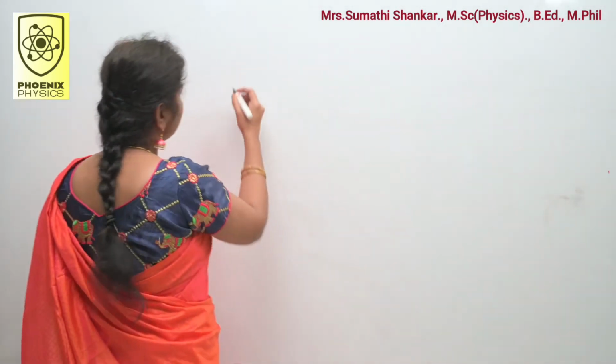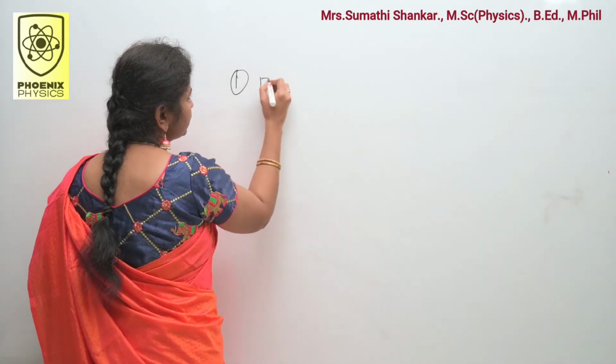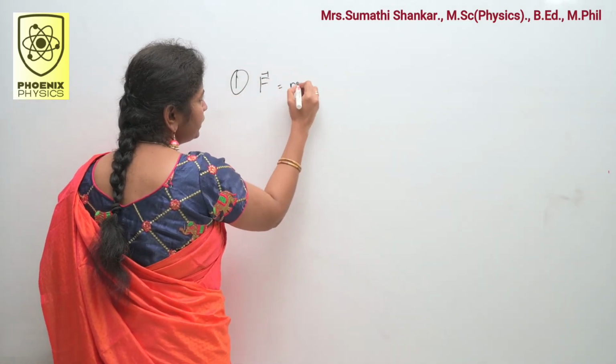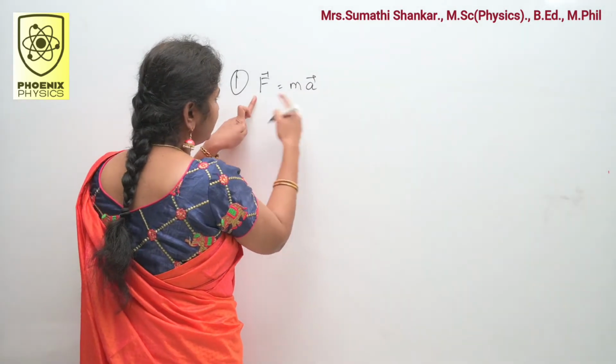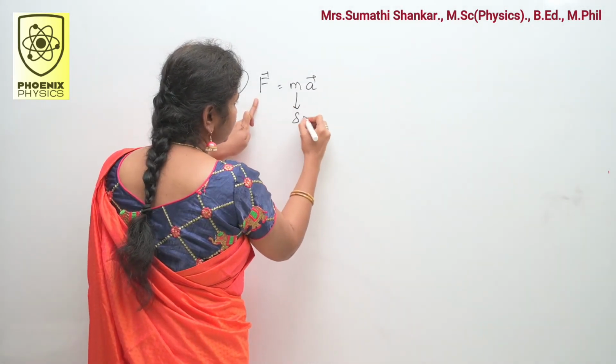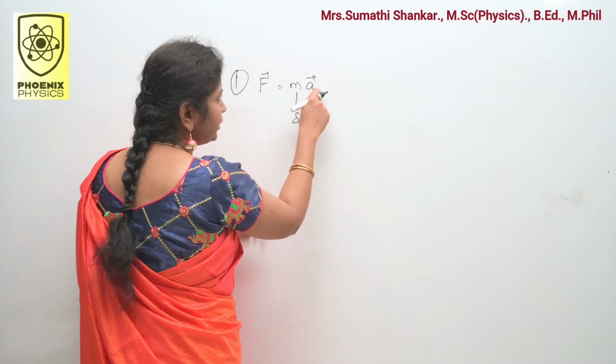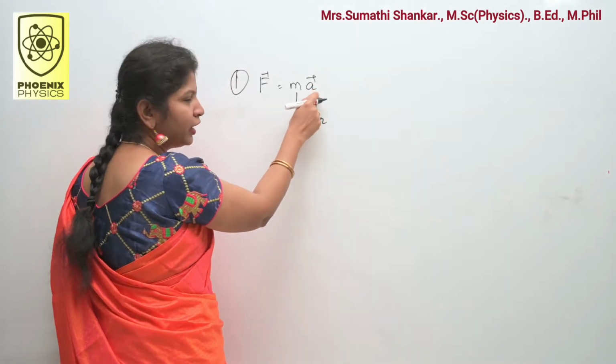For example, you know Newton's law of motion, F is equal to ma. Here force is a vector quantity, m is a scalar quantity and a is a vector quantity. What is a? Acceleration.